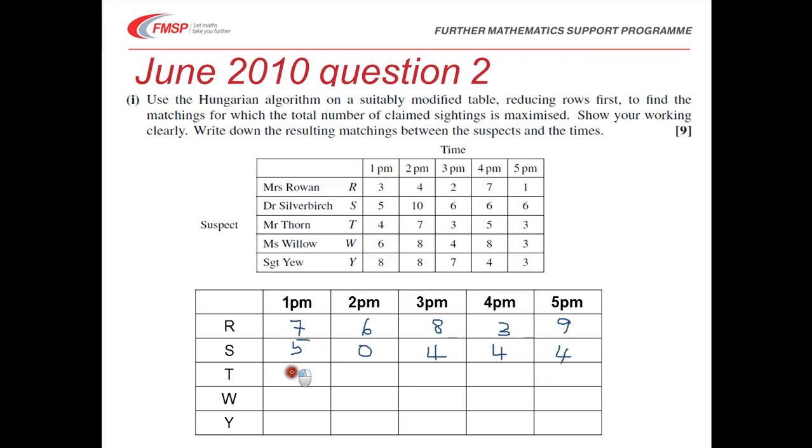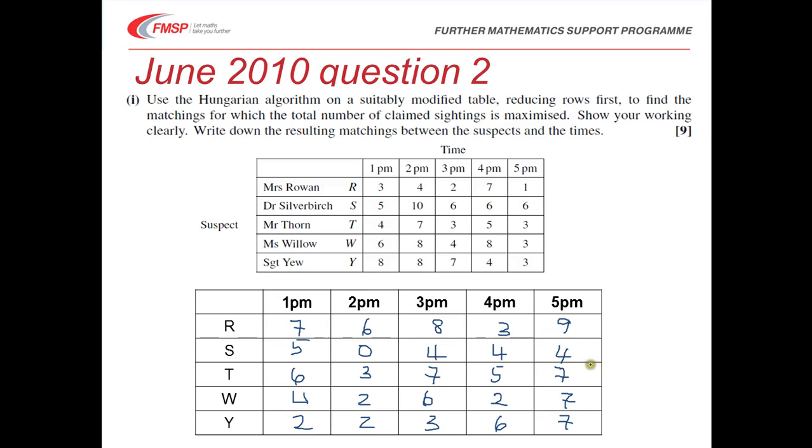And so all we're doing is we're taking each of these entries away from 10. 7, 5 and 7, 4, 2, 6, 2, 7, and 2, 2, 3, 6, 7. So that now is our modified table.